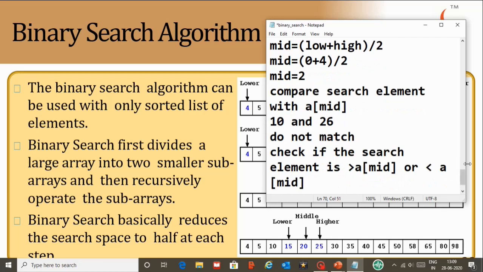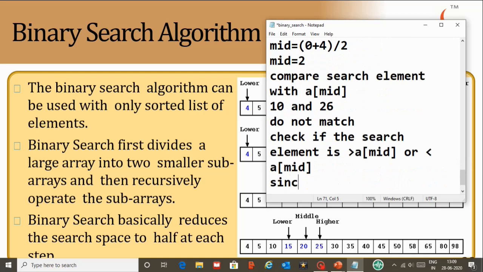So what am I doing here? I'm comparing whether the search element is greater than A of mid or less than A of mid. Since the search element is less than A of mid, right? Because 10 is less than 26.